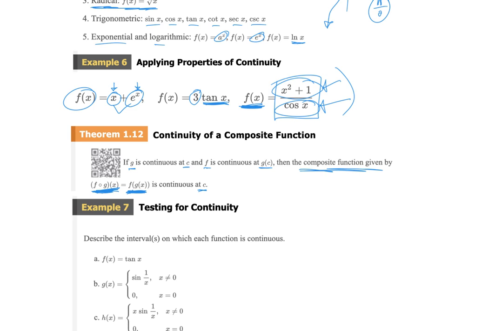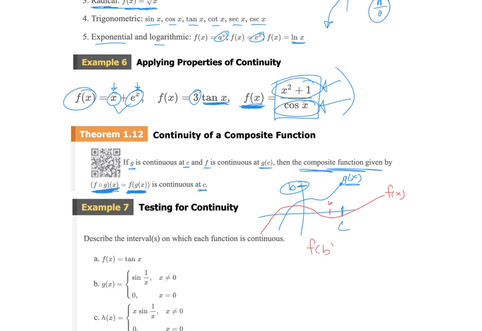Okay, so let's look at what that means. Here we've got c, and this is g of x. So this gives us some value, we'll call this b. So b is the output of g of x. And then we've got some other function, and this is b, so this is the function f of x.